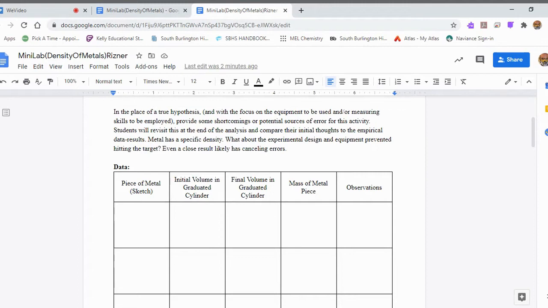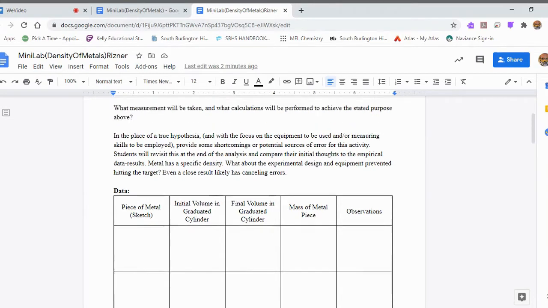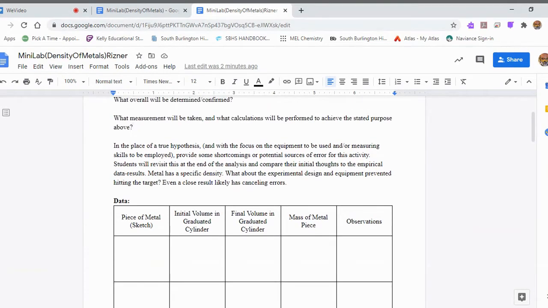In this case, it's fairly easy to look up and find that what should happen is that as the volume is larger for a piece of the same metal, the mass should also be larger. That's because density, which is a ratio of mass to volume, is the same for the same material. And so if it is larger, it must also be more massive. The density for all three pieces should be the same.